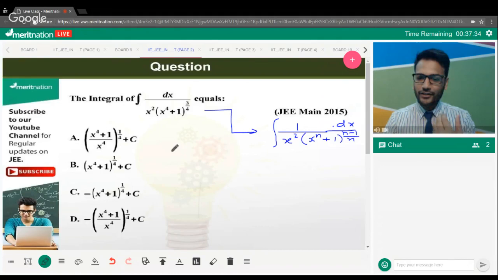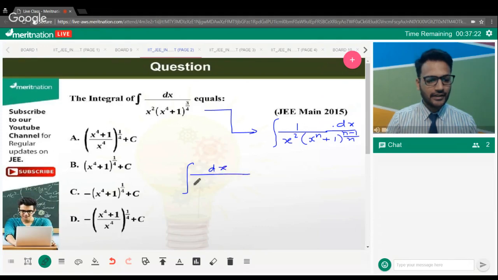So over here, what will we take? We'll take this x to the power 4. N is 4 over here, so n minus 1 is 3 over here. We'll take x to the power 4 as common. I'll just quickly do this question. We have dx upon x squared, x to the power 4 plus 1 to the power 3 by 4.